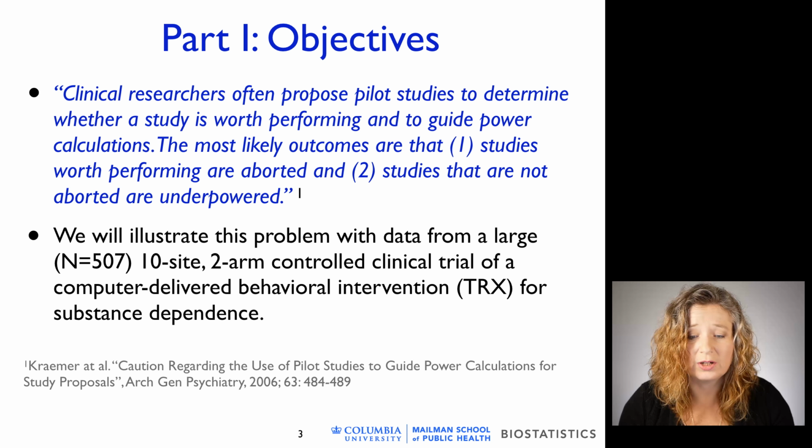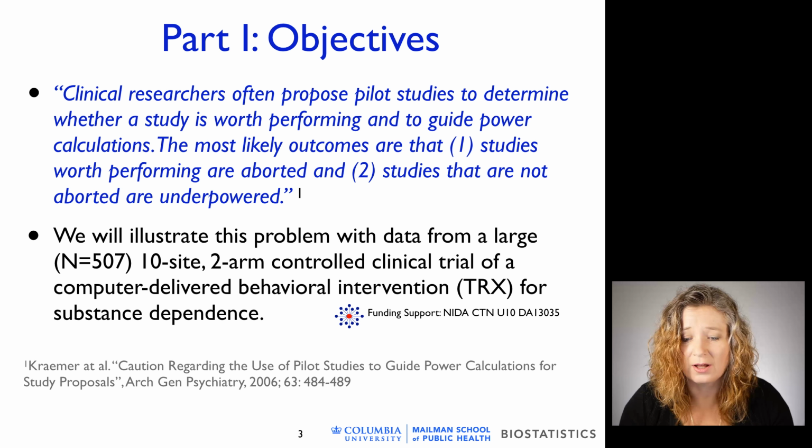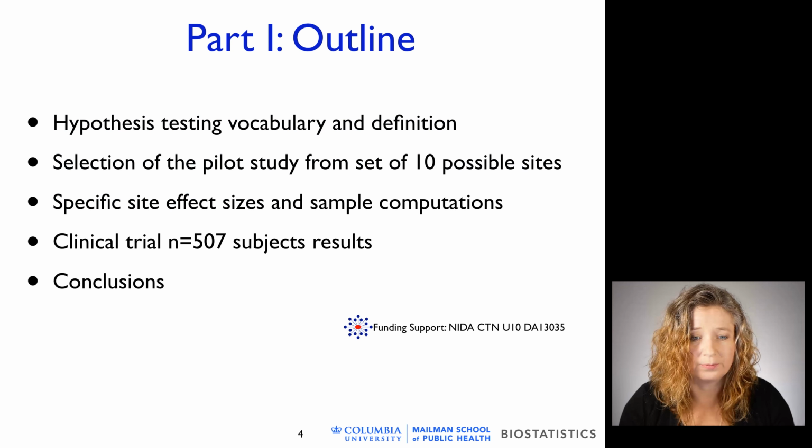And we will illustrate this problem on data from a large 10-site, 2-arm controlled clinical trial of a computer-delivered behavioral intervention for substance dependence. That trial had 507 subjects, and it was funded by NIDA under a Clinical Trials Network.